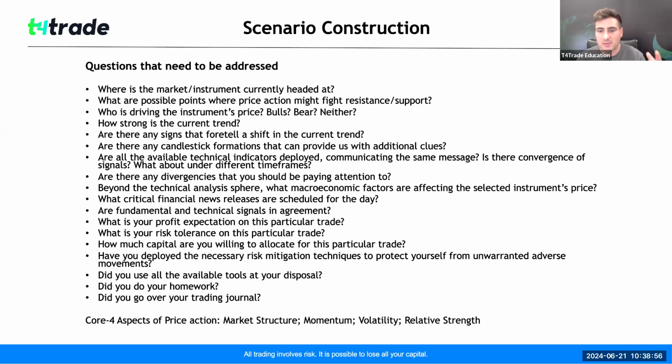What do you expect to happen to the price of WTI, of crude oil? It's clear as day, okay? So keeping up with economic and news releases gives you an edge, a significant edge, I must say. So what critical financial news releases are scheduled for the day? And this is for pretty much short-term traders.